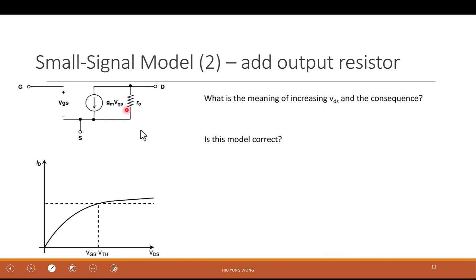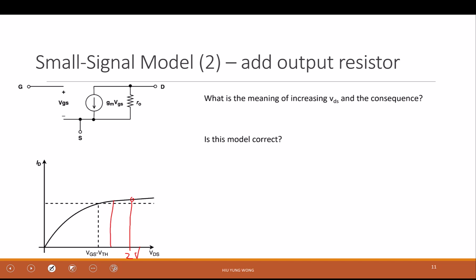Now then I add one more element to it called r0 in order to model this channel length modulation. So let's take a look again. What is the meaning of the change of VDS? This might be 2 volts, and then I apply some small signal.